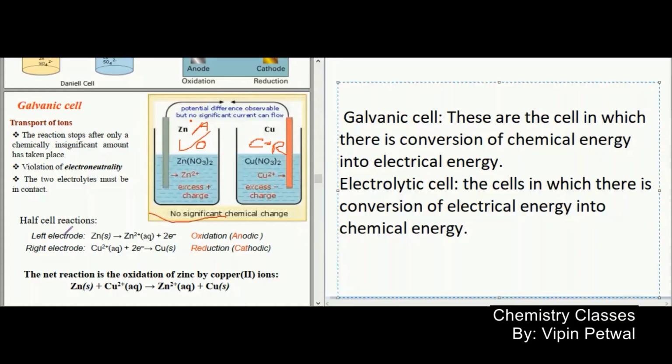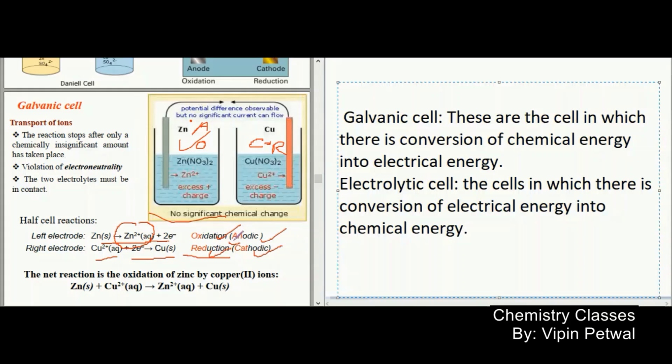Okay, so the half reaction which is taking place here, on the left electrode, zinc is donating electrons, removing electrons from itself and becoming Zn2+, whereas Cu2+ is accepting electrons to form solid copper. So here reduction is taking place in case of copper. In case of zinc there is oxidation. Always remember, at the anode there is always oxidation, at the cathode there is always reduction.